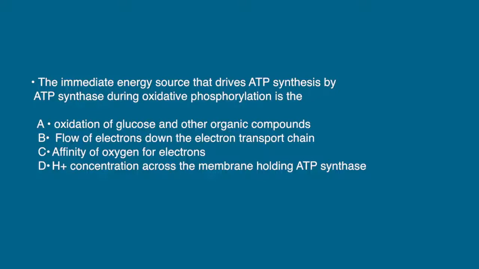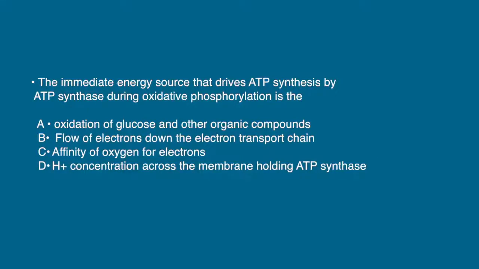Here the answer is very clear that the immediate energy source for the ATP synthesis is hydrogen ion concentration across the membrane. Flow of electrons down the electron transport chain may also be a correct answer, but the immediate energy source is hydrogen ion concentration across the membrane. So, the answer is D.